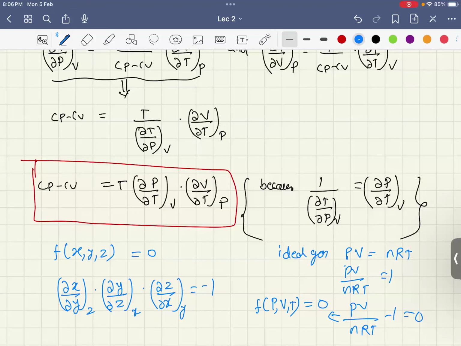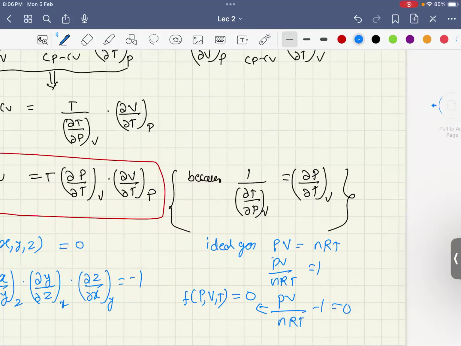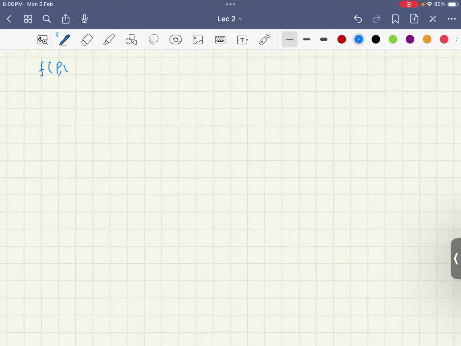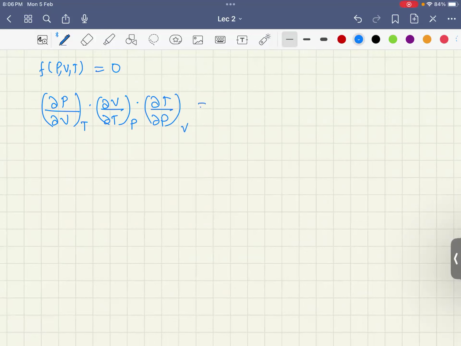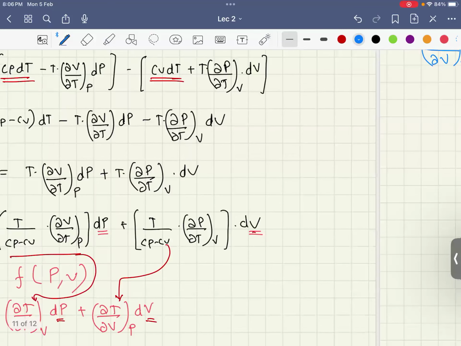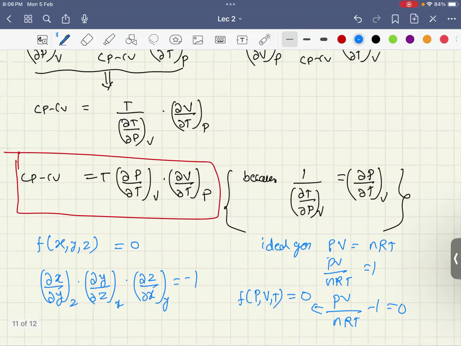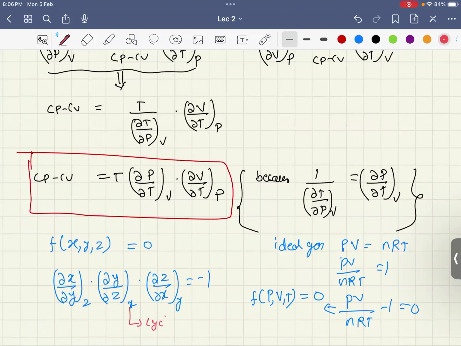Hence we can say that (∂P/∂V at constant T) into (∂V/∂T at constant P) into (∂T/∂P at constant V) is -1. This is called the cyclic rule, the cyclic product rule.